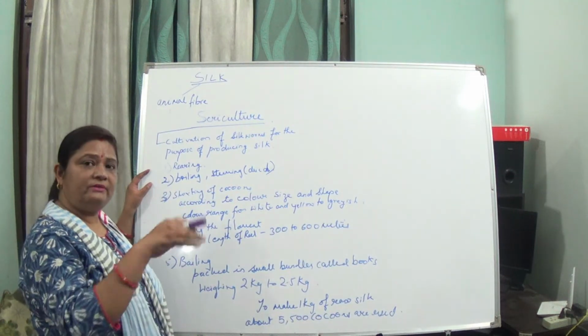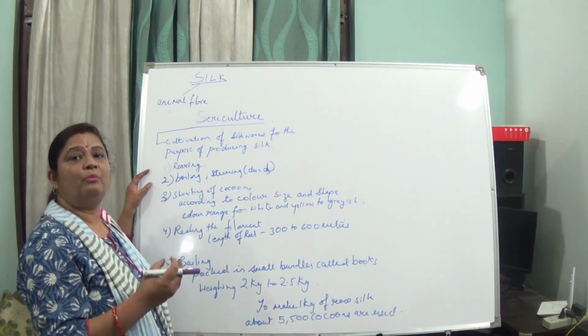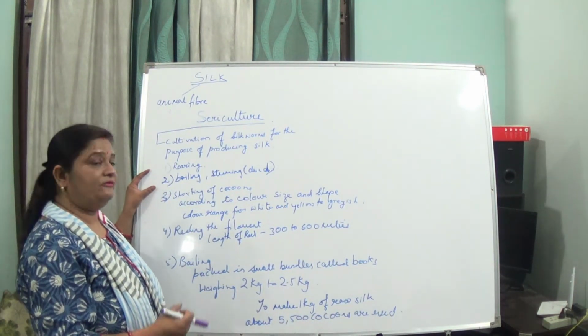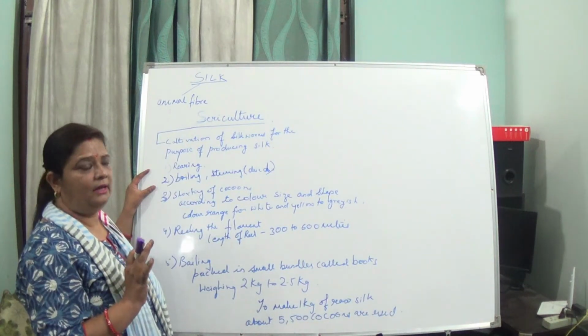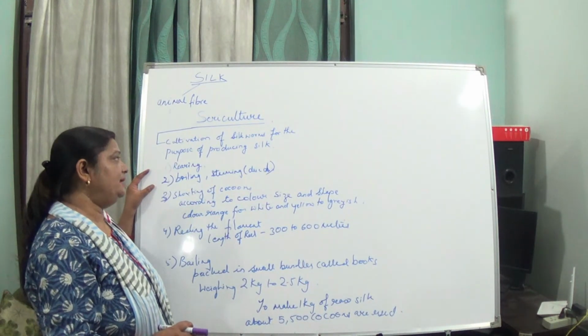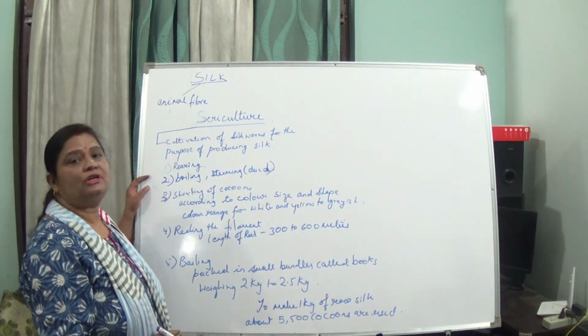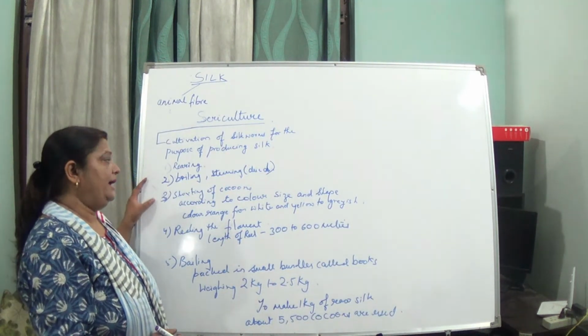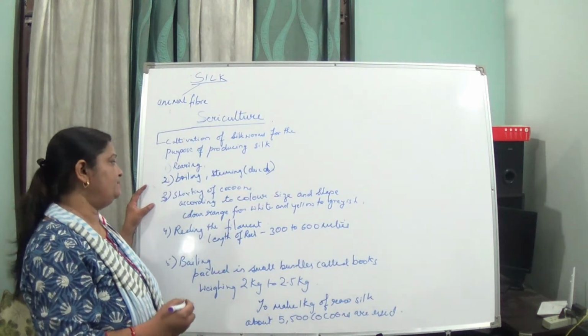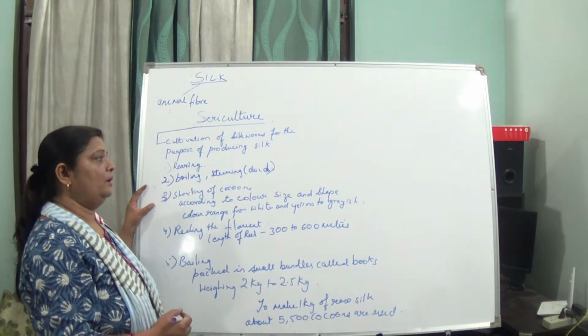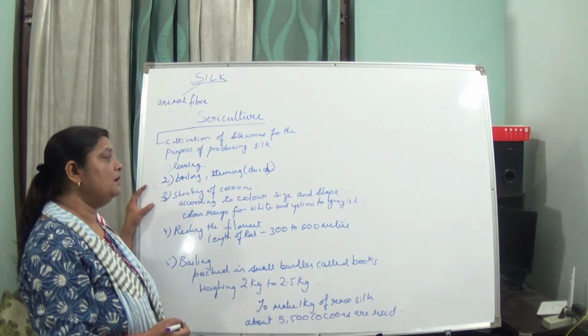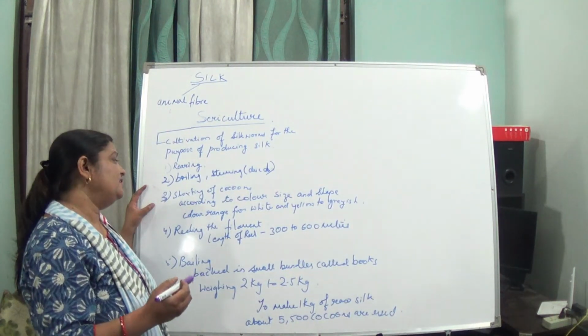So what we are doing to these cocoons, we are boiling them, and after boiling we are drying them, and these dried silk threads are now ready for sorting. They are separated or selected according to color, size and shade.